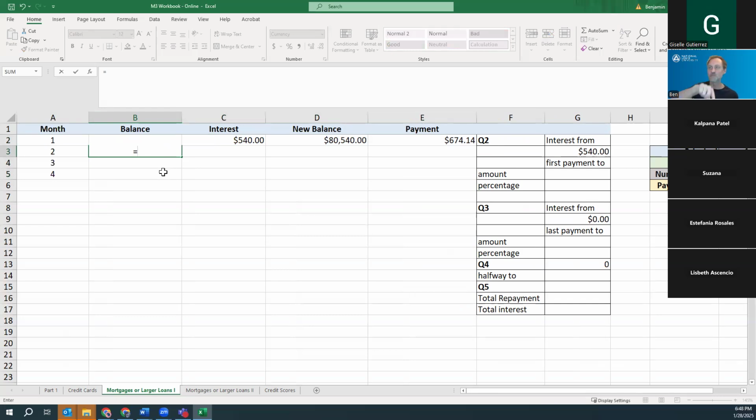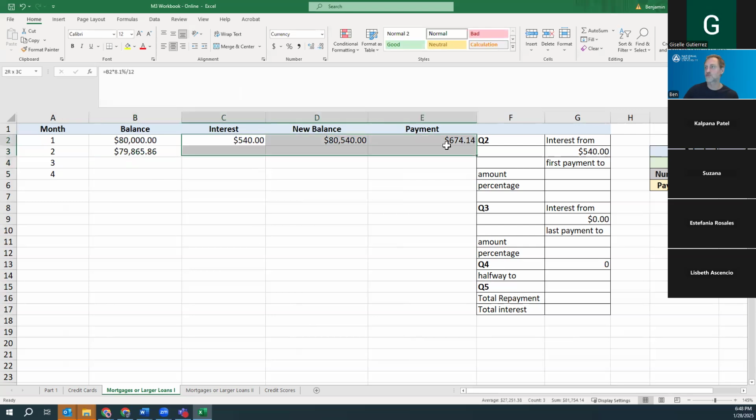So how do I find the new balance if the next month's starting balance, I had a balance of 80,540 and I made a payment? Just subtract the payment. Yeah, subtract. Take this, subtract out the payment, boom. And I got a balance. Now I'm going to start autofilling.